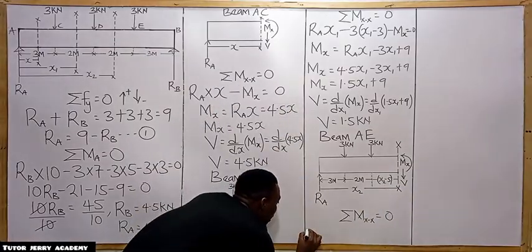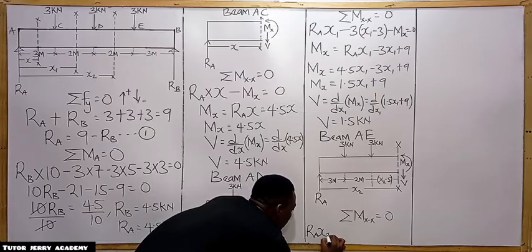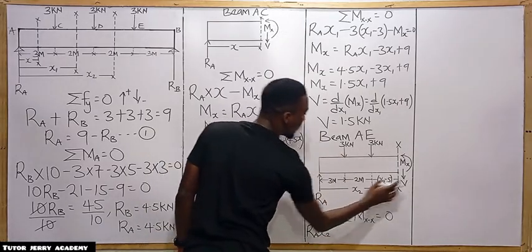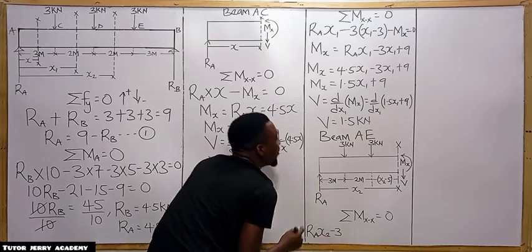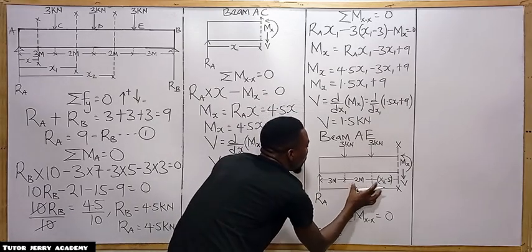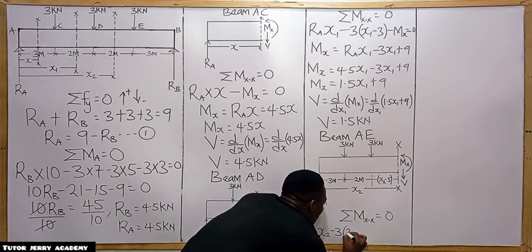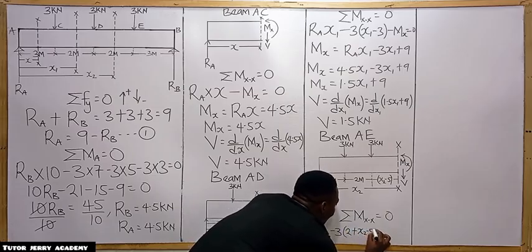So we are going to have RA S2. Here we are taking 3 multiplied by the total distance. So it's going to be minus 3 into the total distance, which is 2 plus S2 minus 5.